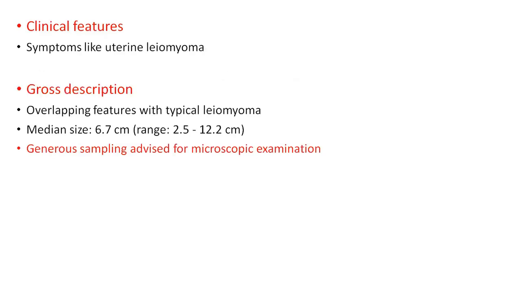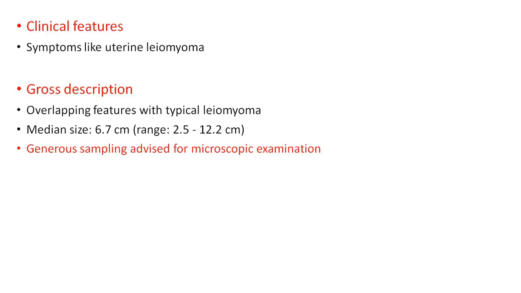In terms of clinical features, the symptoms are totally similar to uterine leiomyoma. So clinically or radiologically, it is really impossible to differentiate between uterine leiomyoma and the STUMP. Even on gross examination, we have to pay clear attention, because the benign leiomyoma is very rounded, well circumscribed, with white veins, and very firm.